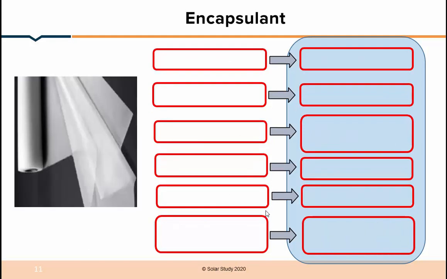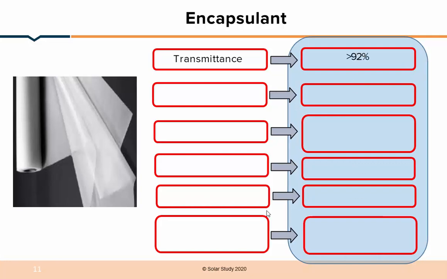Now we will see what type of encapsulant, and why it is required. Encapsulant is placed over the solar cell. This should also have transmittance, because it should allow 92% of the solar radiation. So UV cutoff, it is around 360 nanometer.